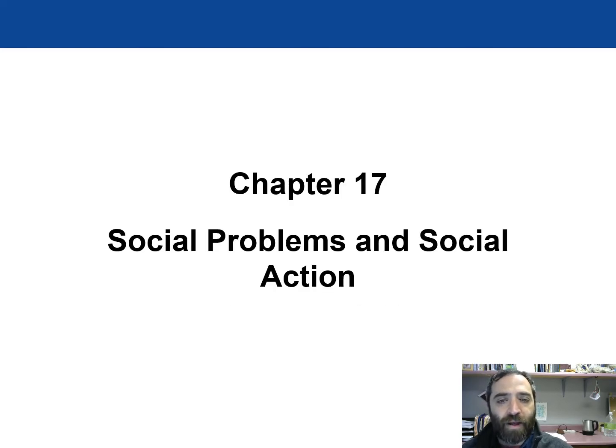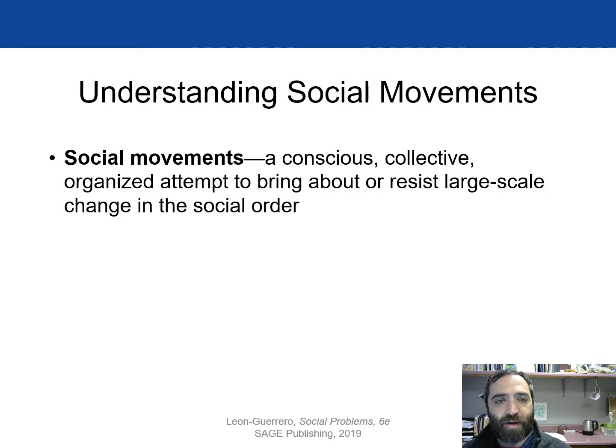So yeah, this chapter is called Social Problems and Social Action, connecting those two parts together. So let's talk about understanding a social movement. A social movement is the act of bringing that change that people are looking for. A conscious, collective, it means it's a group effort.